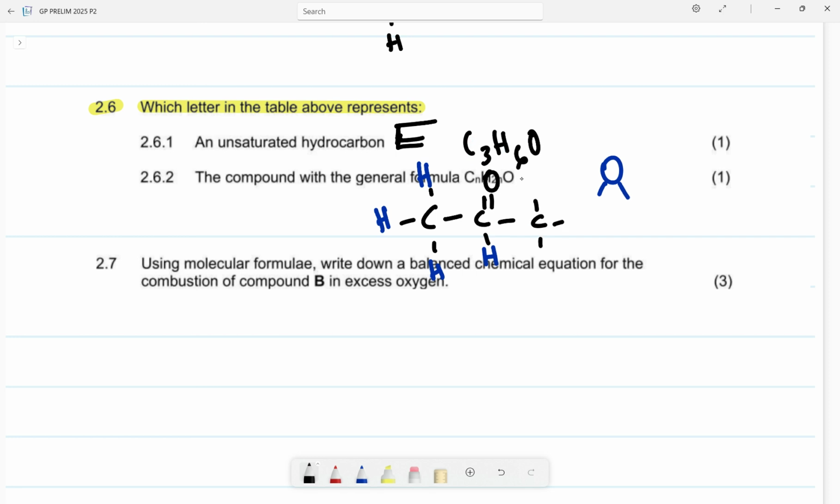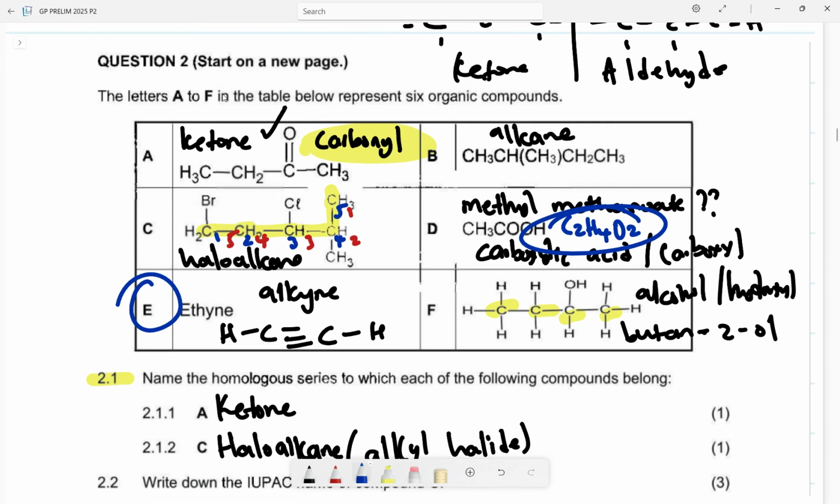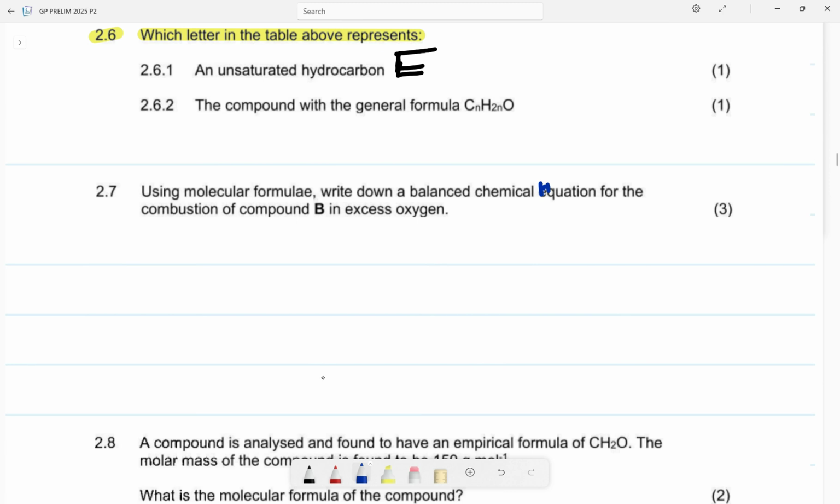The carbon bonded to oxygen has to have 4 bonds, and then here H, H, H. Can you see? This can either be an aldehyde or a ketone. Aldehyde or ketone is found on number A.